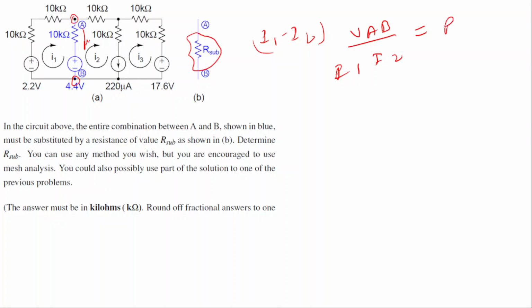That will be our R substitute. The main idea is how you can replace this whole element by a resistance only, so that it won't disturb the current in the other branches. So you need to find the equivalent resistance which produces the same voltage and same current.